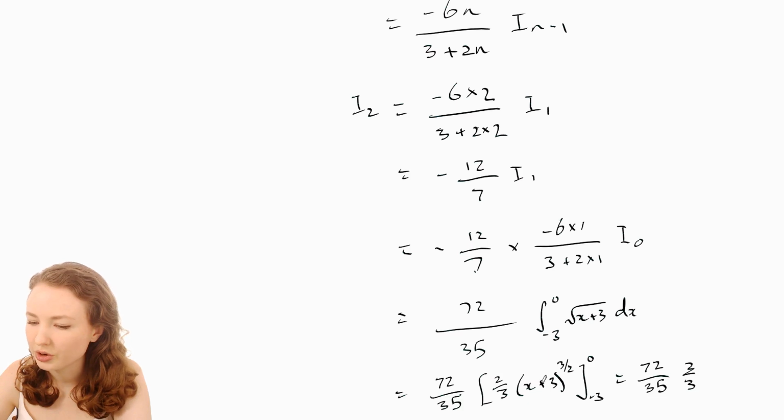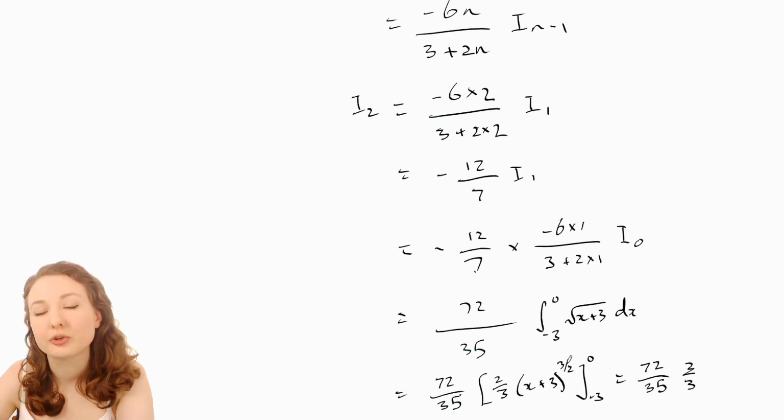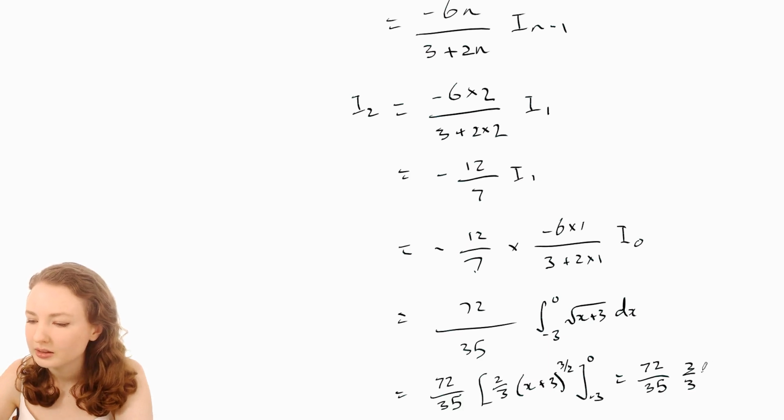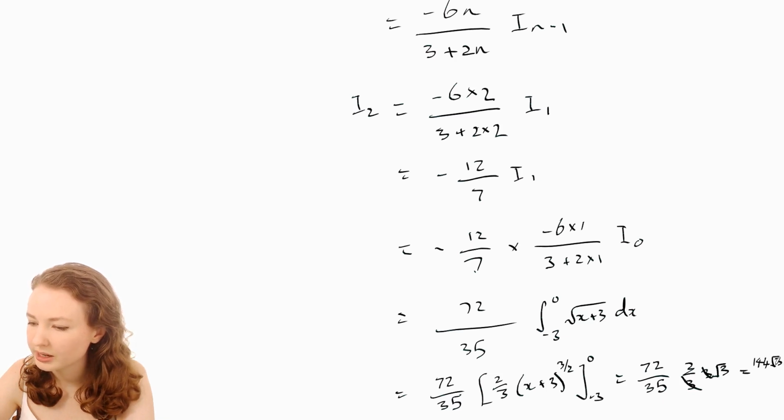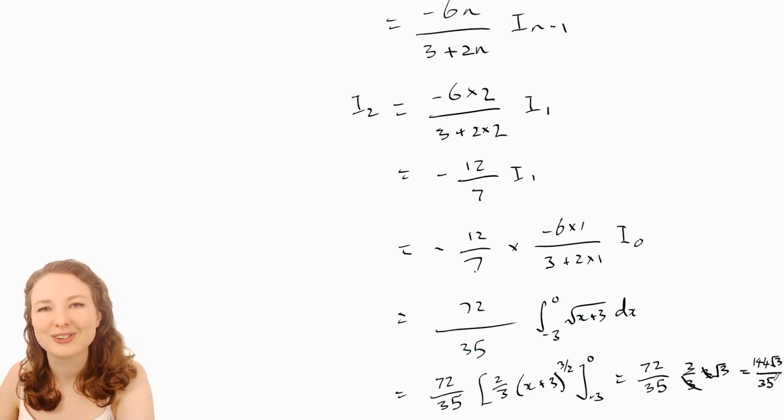When you plug in 0, we just get 3 to the 3 on 2 here, which is 3 times root 3. And when we plug in negative 3, we get 0, so we can just ignore that. That 3 cancels with that. So we've got 2 times 72, which is 144 root 3 over 35. That's the answer to that one.